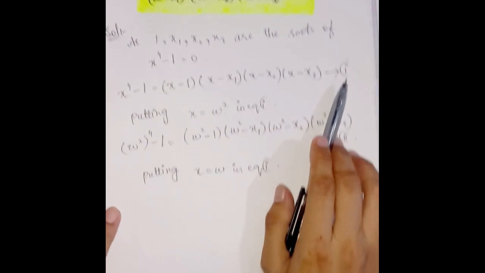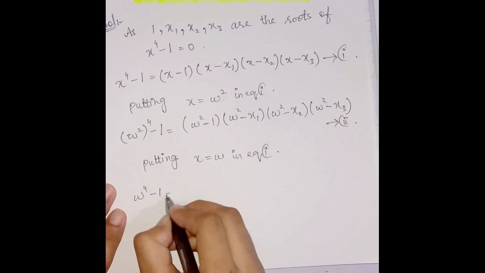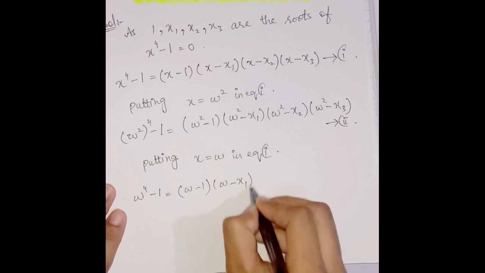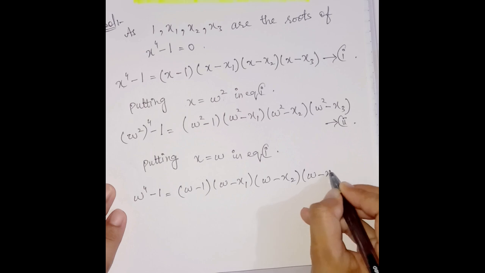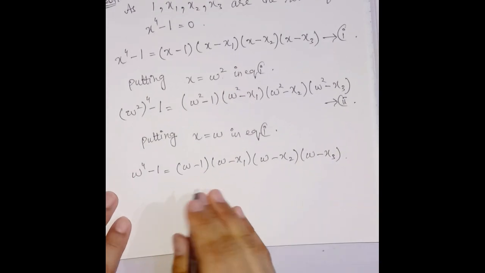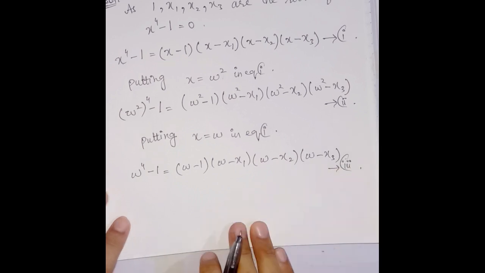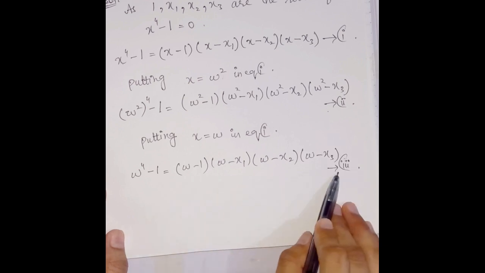Omega to the power 4 minus 1 equals (omega minus 1)(omega minus x1)(omega minus x2)(omega minus x3). That is equation 3. Now I have equation 2 and equation 3.